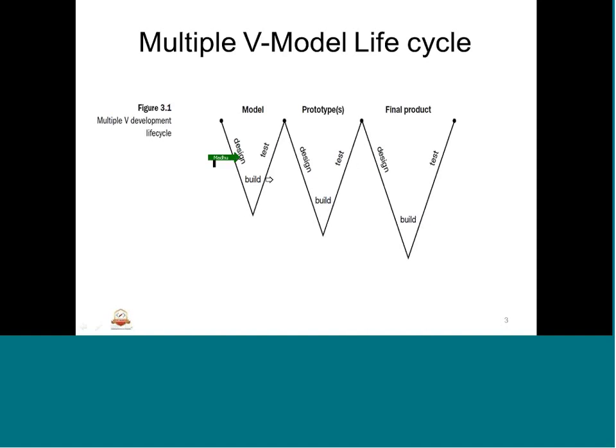It again depends on what sort of development we are going to adopt. So basically the model or the initial prototype will have a smaller V model life cycle, whereas the prototype will have mixed. I have put yes, in that book it is mentioned as yes. Why? Because there could be multiple prototypes.